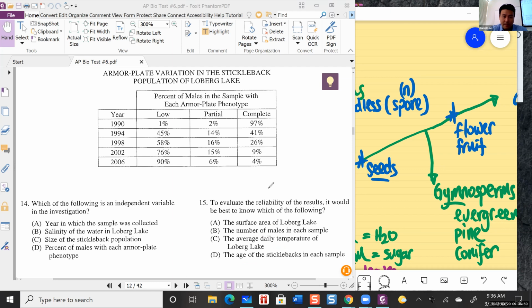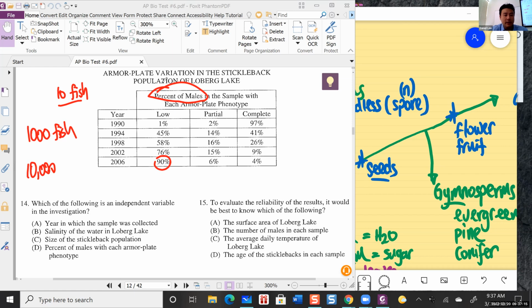So for example, it says here, percent of male in the sample. What if they only sampled 10 fish? And that means 90% of 10 is 9 fish only. What if they sample 1,000 fish? Then 90% of that is quite a bit, right? 900. What if they sample 10,000 fish?